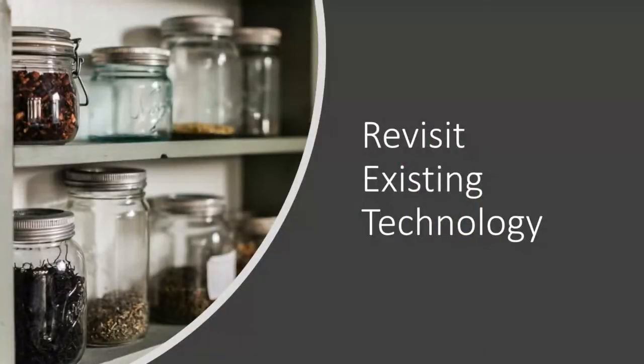All right. Now, you also want to revisit your existing technology. Going back to that idea of how many apps you have on your phone, a lot of times there are things that you've already heard about or have used before that you can revisit to see if there are any new ways you can utilize them differently. They might meet your current needs and you just don't realize it.